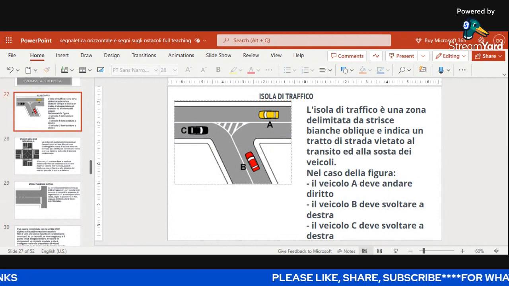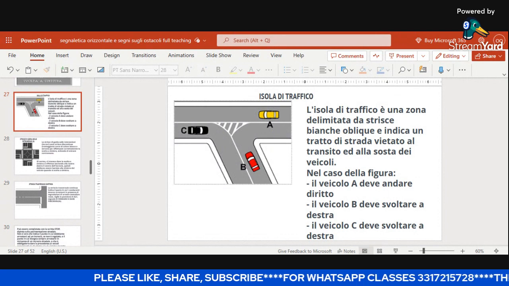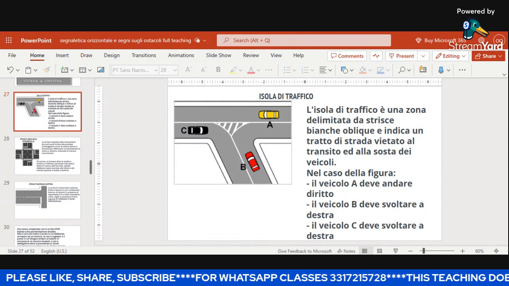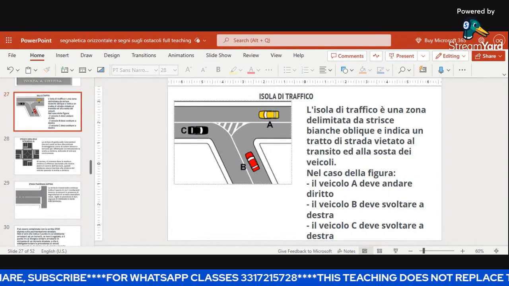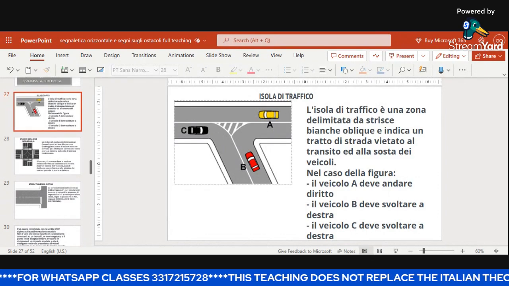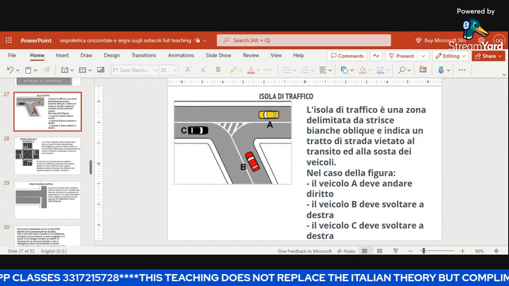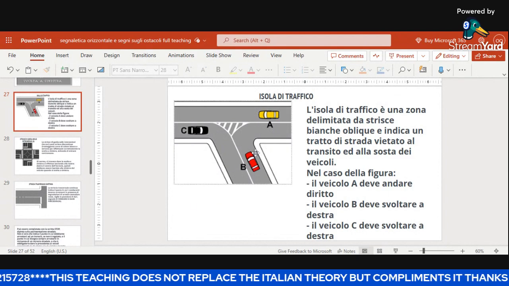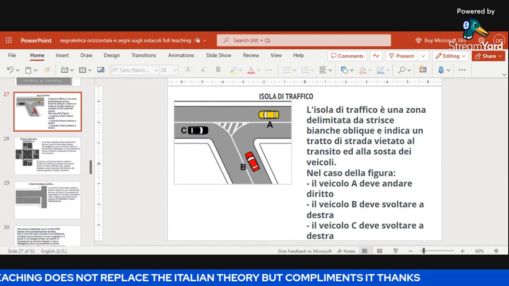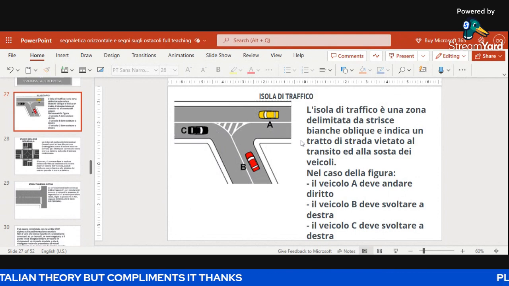For example, you are driving on this kind of road. What comes to your mind when you see Striscia Continua? I can't climb this place. So it helps you to know your direction and go where you are supposed to go correctly. So for vehicle C, seeing this, what comes to your mind? Oh, I cannot transit on this. So it helps you to turn correctly and faster.